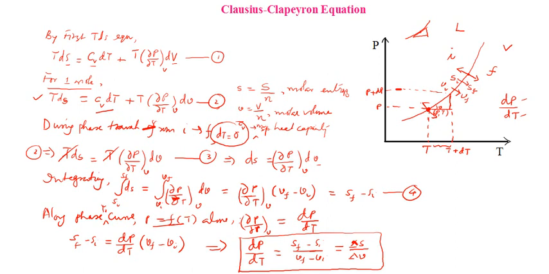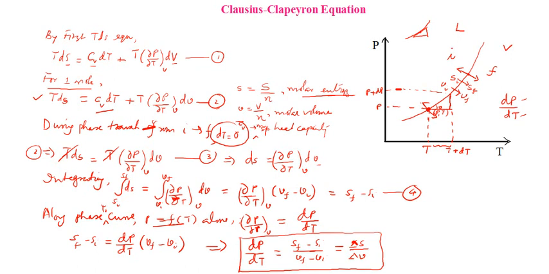Always remember that Sf and Vf are the molar entropy and molar volume of the final phase, and Si and Vi are the corresponding values for the initial phase.